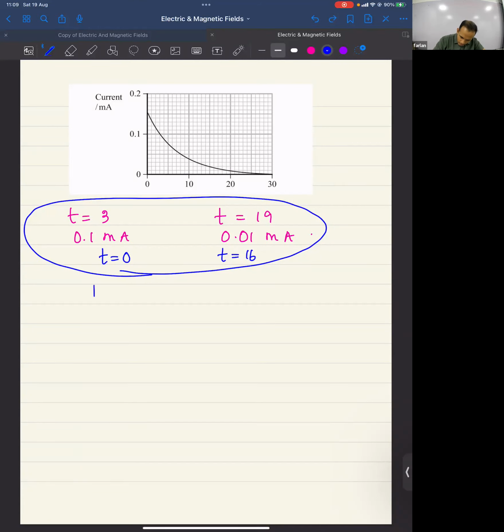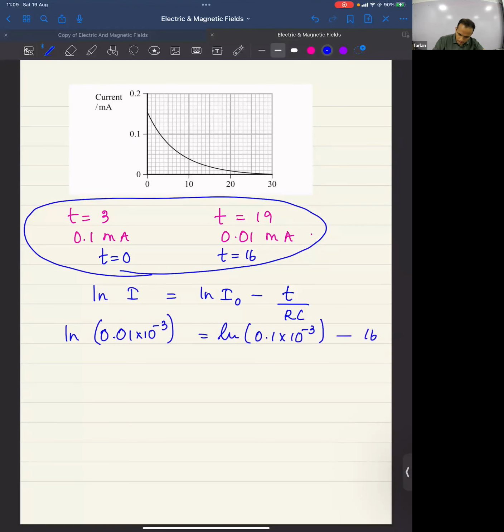Then look at this: ln I equals ln I naught minus t over RC. ln 0.01 into 10 to the power minus 3 equals ln 0.1 into 10 to the power minus 3 minus t, which is 16, over RC.